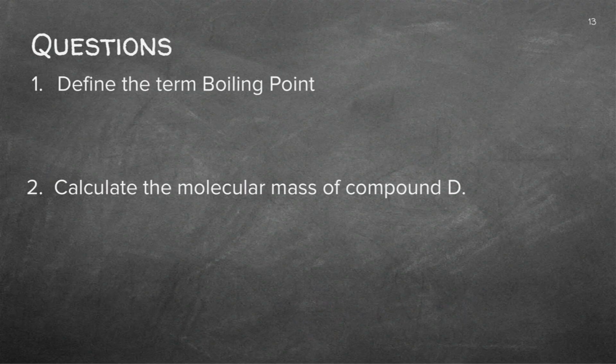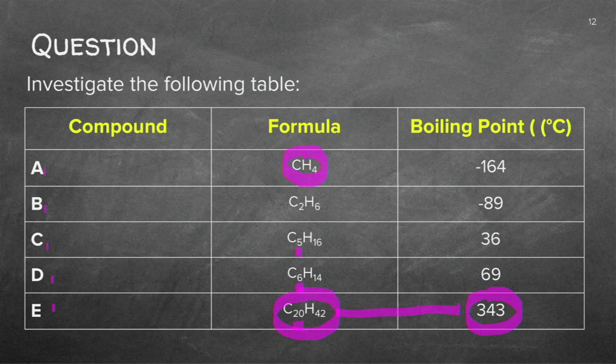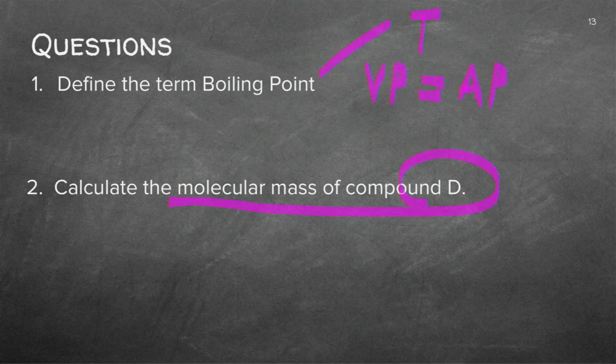Define boiling point. I've stressed it in every lesson: it's the temperature where the vapor pressure is equal to the atmospheric pressure. You can't just write what I did there, that's not marks, but interpret that in real words. Calculate the molecular mass of compound D. Compound D is C6H14.